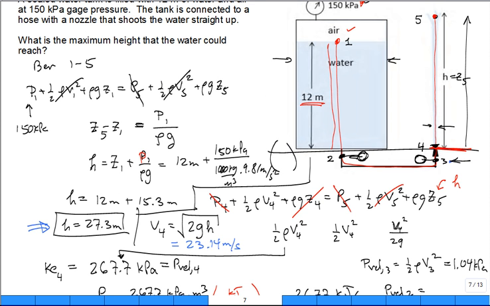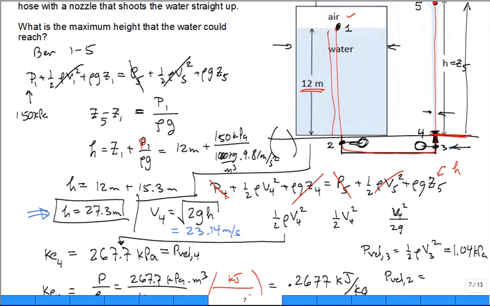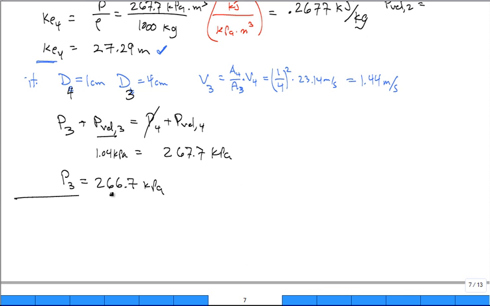Now, how can I also take a look at this? If I do a Bernoulli's equation from 1 to 2, what does it show? Let me just write it out.